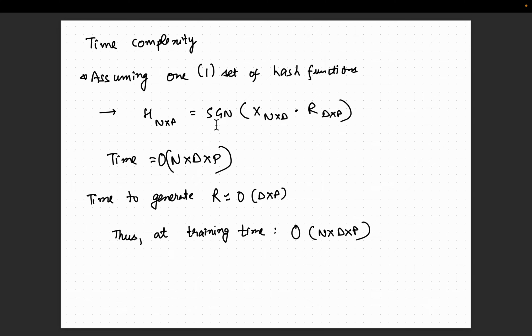So if we have to find the sign of x into R, which is an n cross d into d cross p matrix, that would require ndp time. And if you were to generate the R matrix, that would require dp time. Let's assume that each individual element, when sampled from the normal distribution, takes some unit time. Therefore, at training time, the time you require is order ndp. Is everyone on the same page?